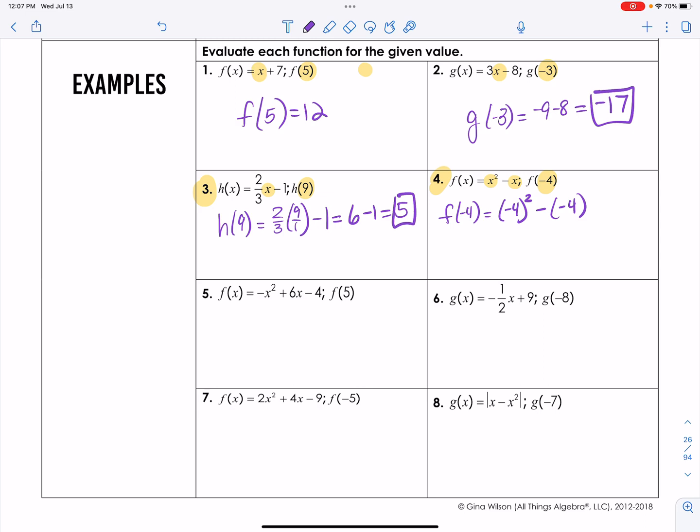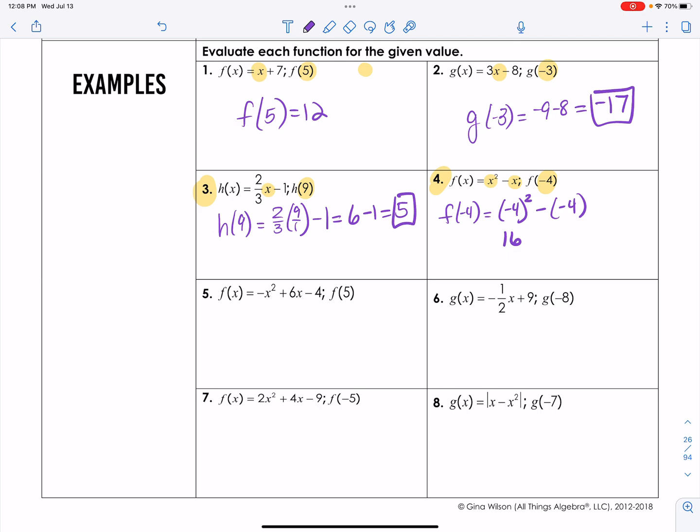So you've got to be smarter than your calculator. You have to either put it in parentheses, or you have to remember that when you square a negative number, a negative 4 times a negative 4 is a positive 16. But if you type it in your calculator without the parentheses, negative 4 squared without parentheses, it's going to tell you negative 16, but that's wrong.